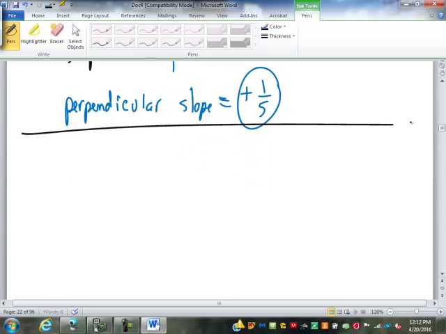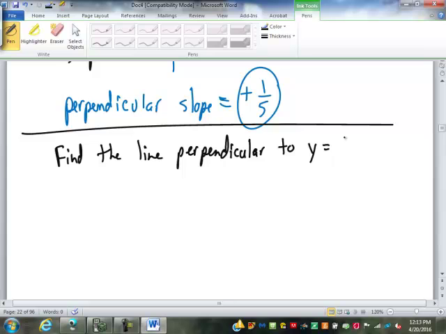So let's say I want to find the line, and by find the line I'm implying give the equation of, perpendicular to y equals 1/3 x plus 2 and through the point 2, 5.